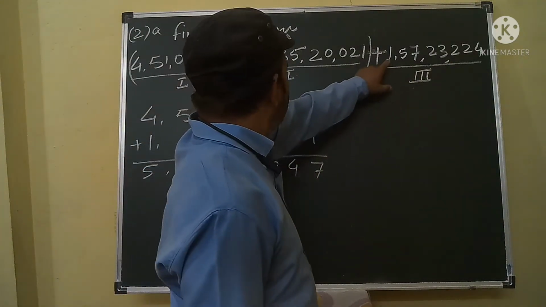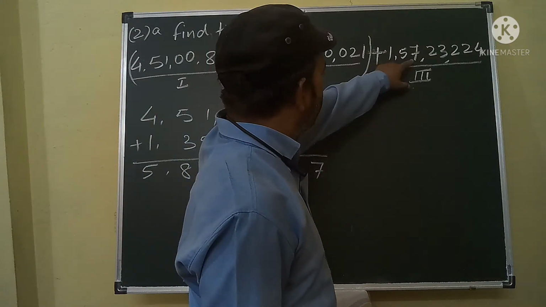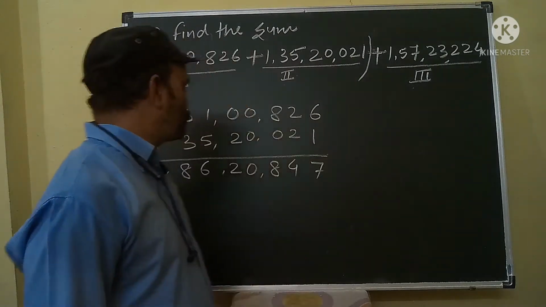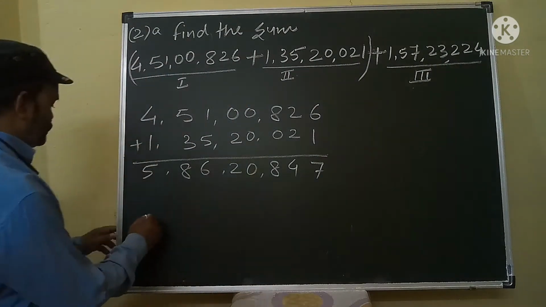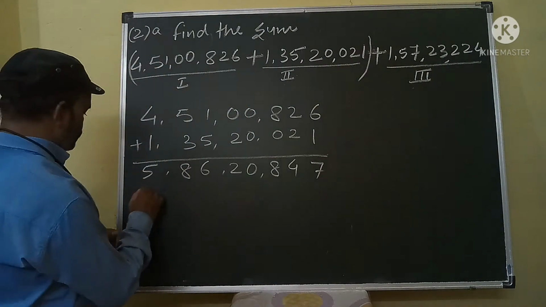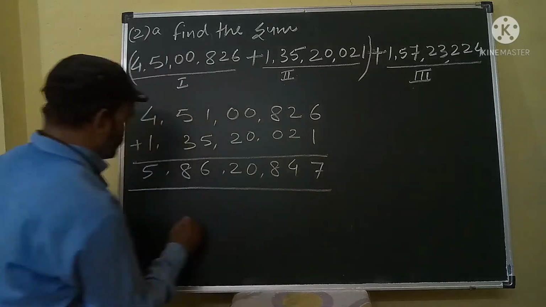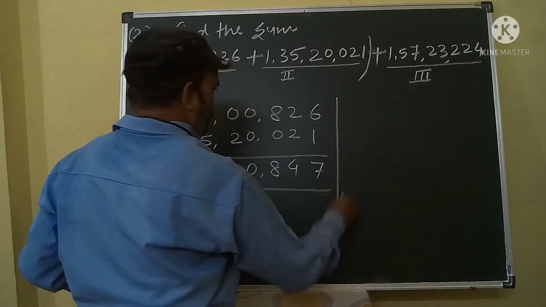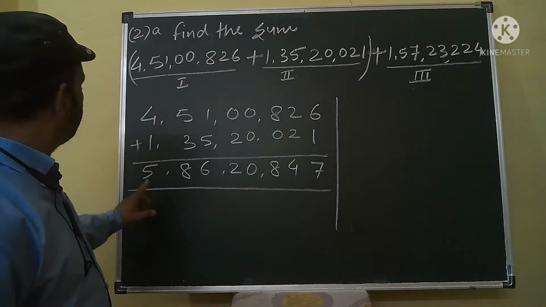The third number is 1 crores 57 lakh 23,224. Okay, look here. I will do it here.